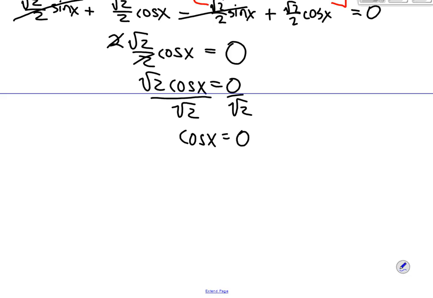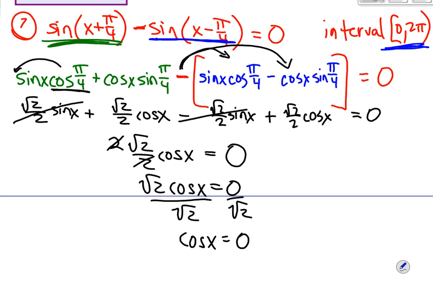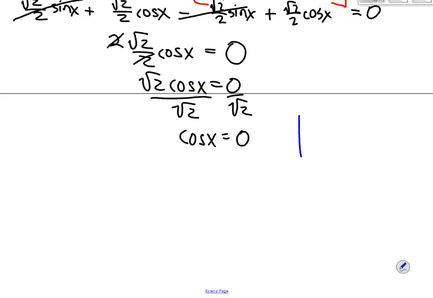And remember, the interval that we're working on is from 0 to 2 pi. So I'm just going to draw my coordinate axis. Cosine is 0 at these points here. So this point, which is (0, 1), and this point, which is (0, -1), where the coordinates are cosine x, comma, sine x.